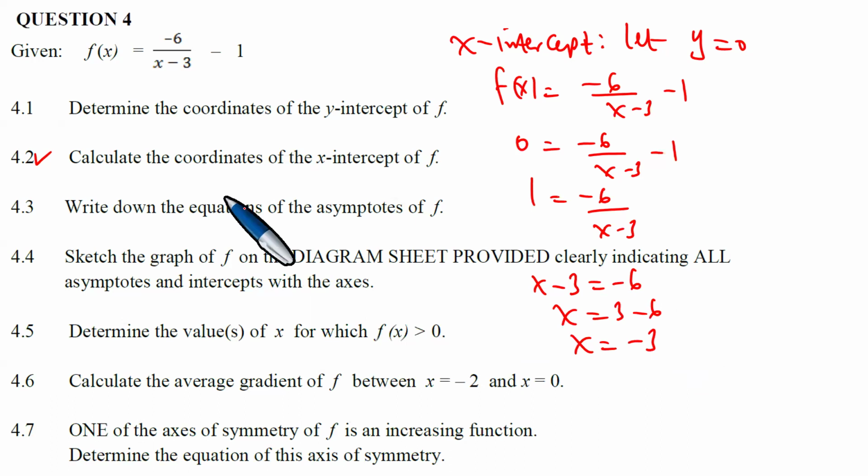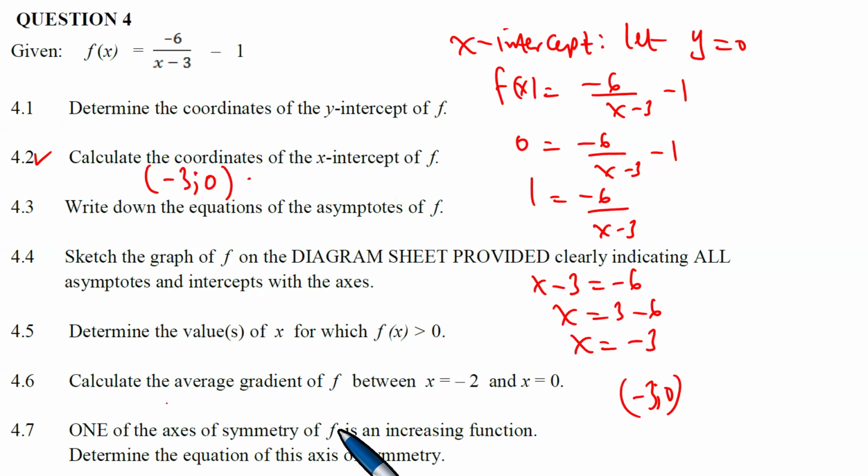So the coordinates are x is minus 3 and y is 0. These become the coordinates of the x-intercept of f. Where's the question? Maybe you're seeing a mistake somewhere. Please let us know. You're welcome to let us know if you make an observation.